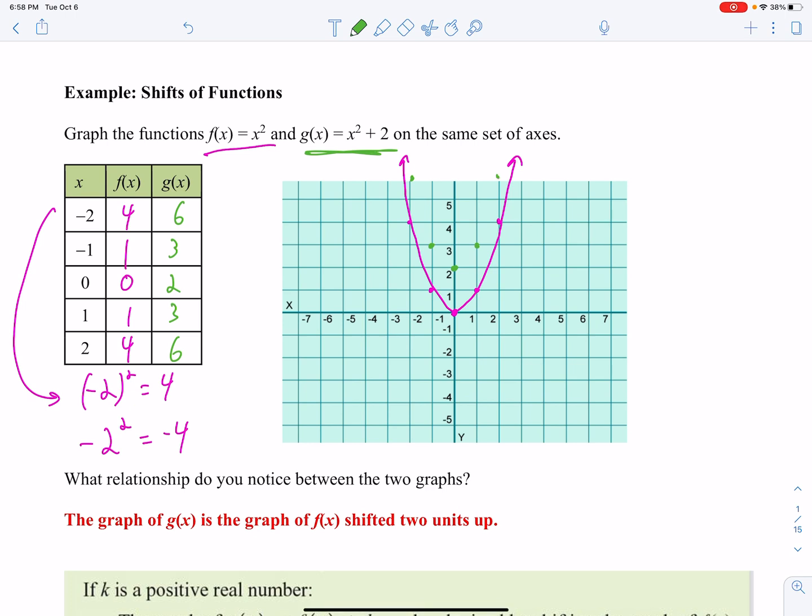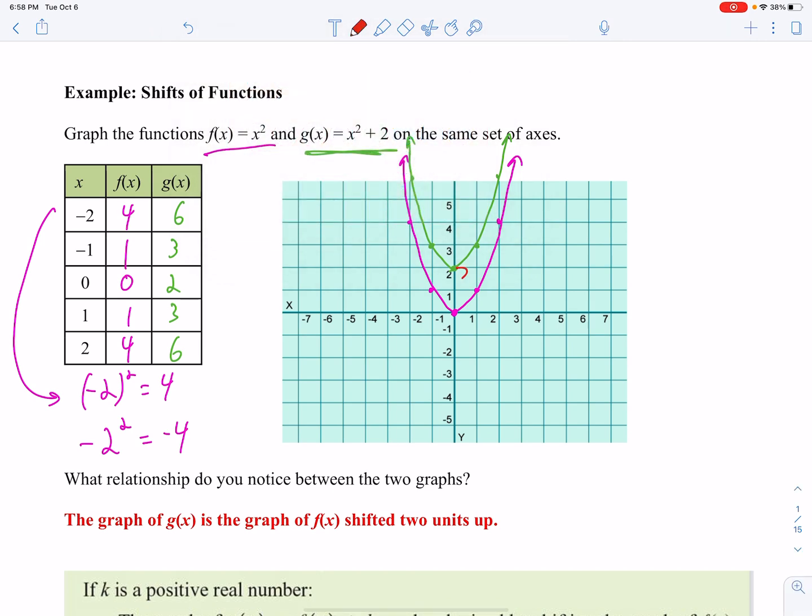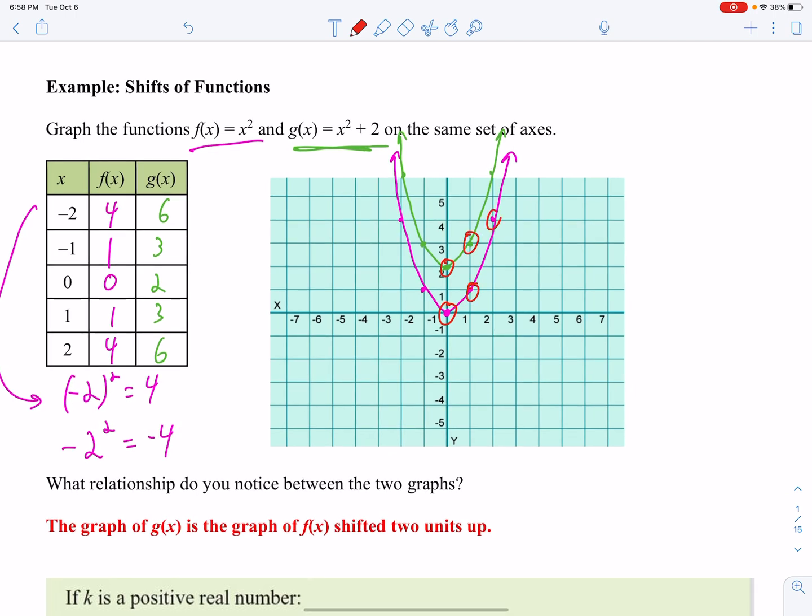All right, so we draw that parabola in there, and we notice what happens, right? We see that this part here moved up by 2, right? Moved up 2 units. So we can check it point by point. That point moved up 2 units. That point moved up 2 units. That point moved up 2 units. Every point on this graph we can see moved up 2 units, okay?